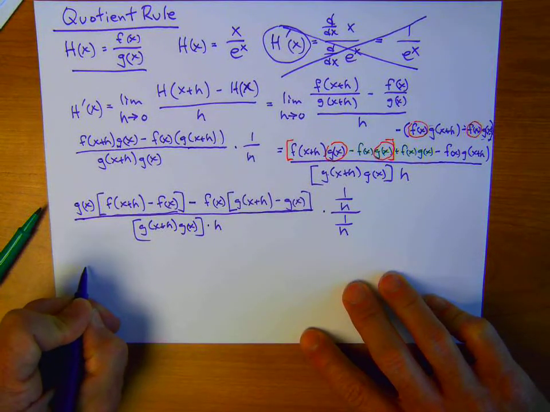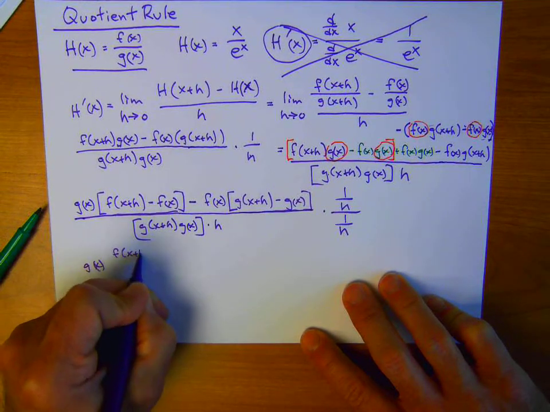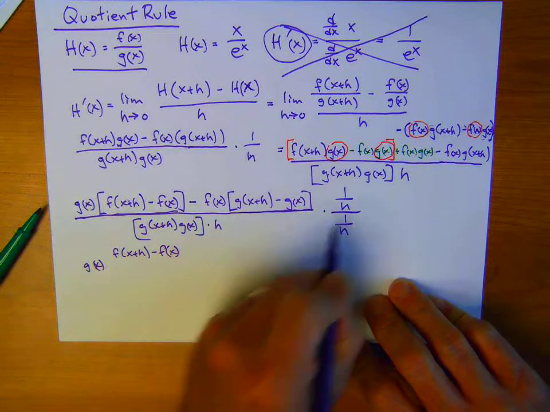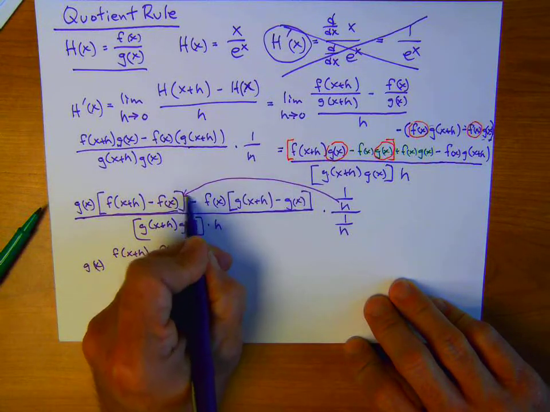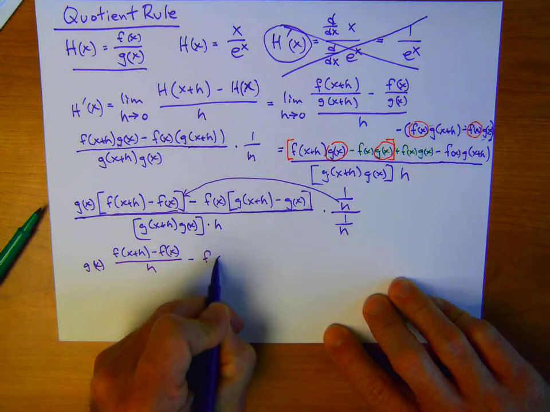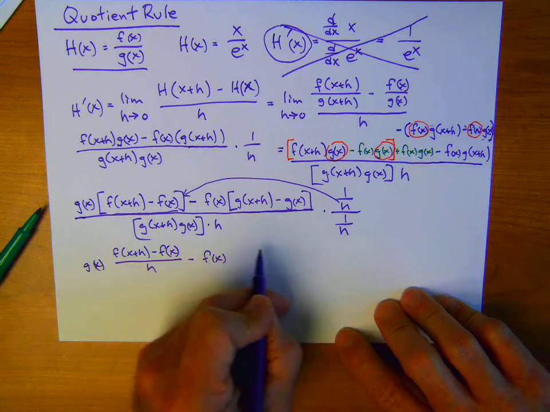So I would end up with g of x, and then I would have this f of x plus h minus f of x, and then this h distributes over to that denominator. So I have this minus f of x, and then I would have it here, right?